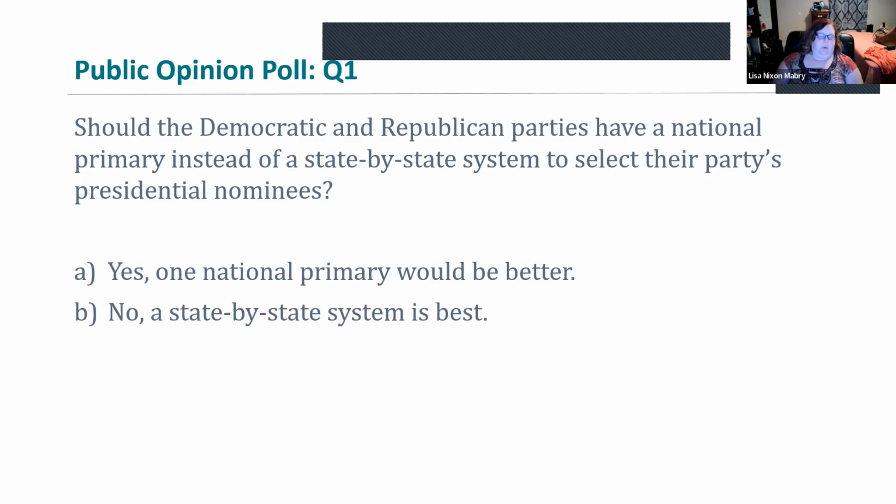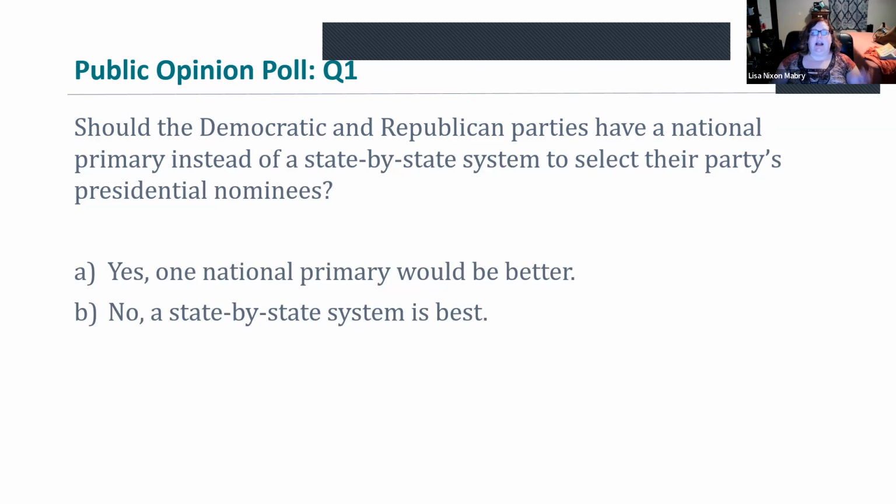So we're going to do the public opinion poll really quickly. Should the Democratic and Republican parties have a national primary instead of a state-by-state system to select their party's presidential nominees? A lot of people have felt like if we just did one national primary, instead of dragging it out for months, state to state to state, it would move things along.